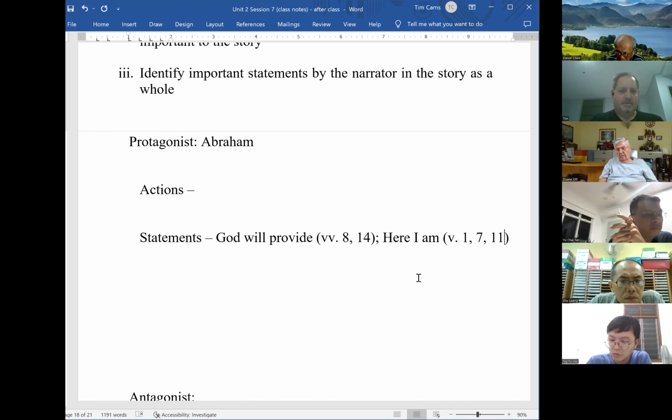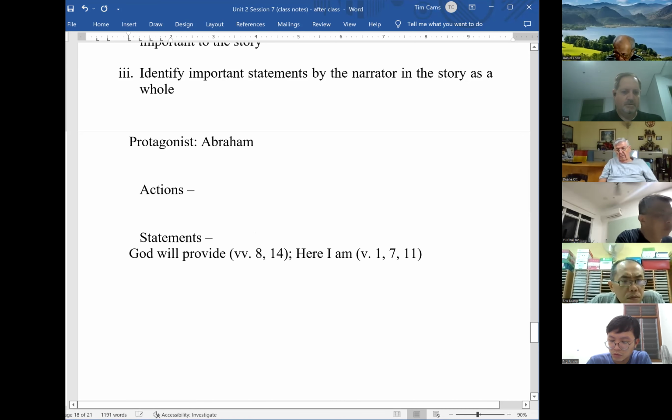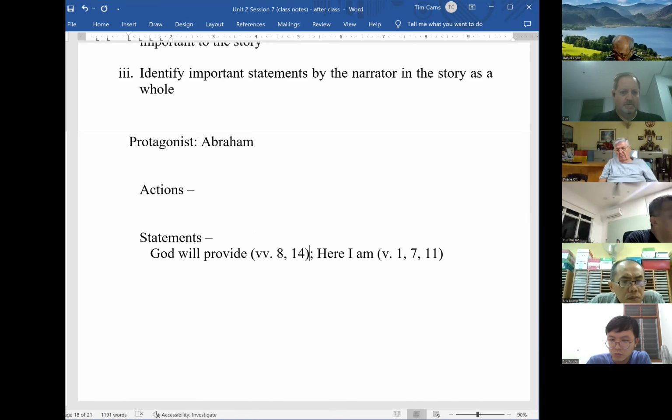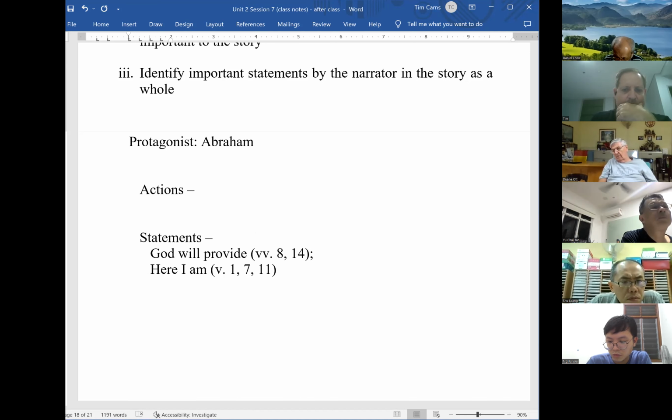Actually, let's do it this way. Anything else? Abraham doesn't say much in the story, but he does do a few things, right? What are some actions that he does that are significant in this story?